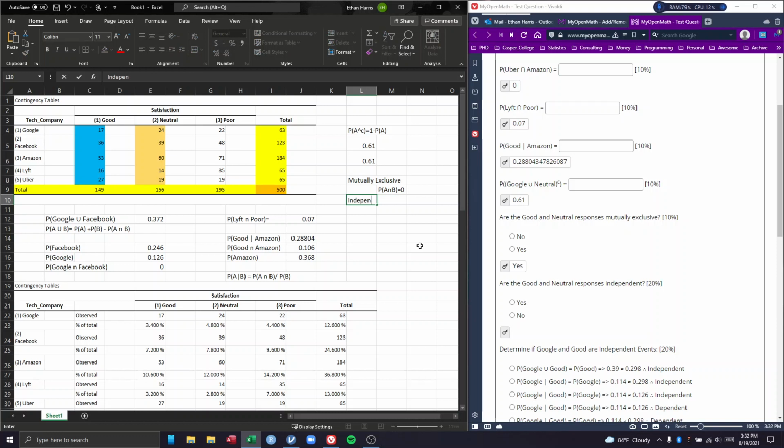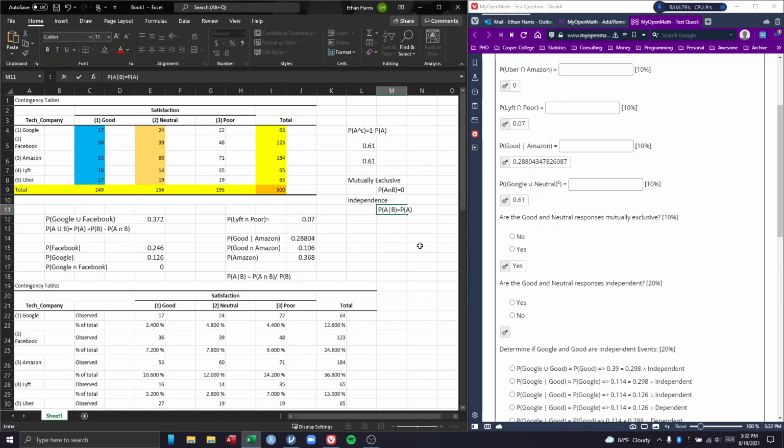Independence is this: the probability of A given B is equal to the probability of A. In other words, the probability of event A has no impact from what the probability of B is. I could know what B is, or I could not know what B is, and my probability of A does not change.